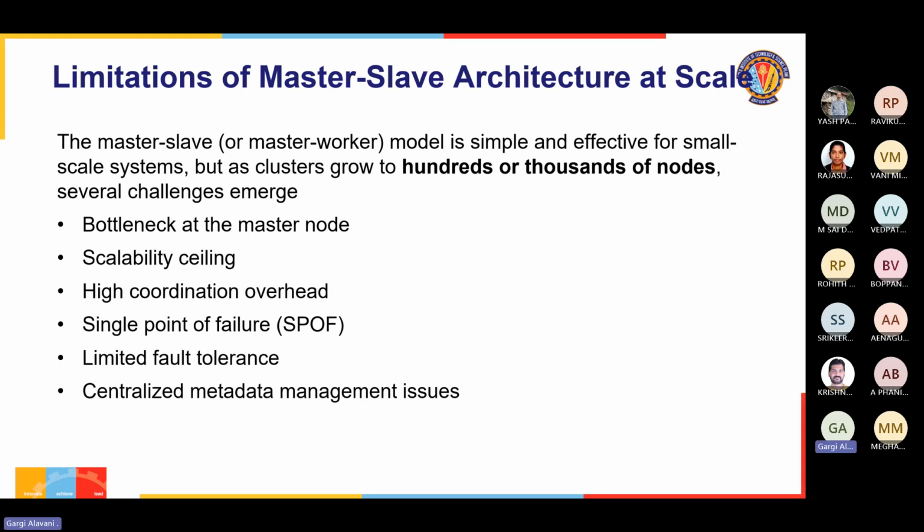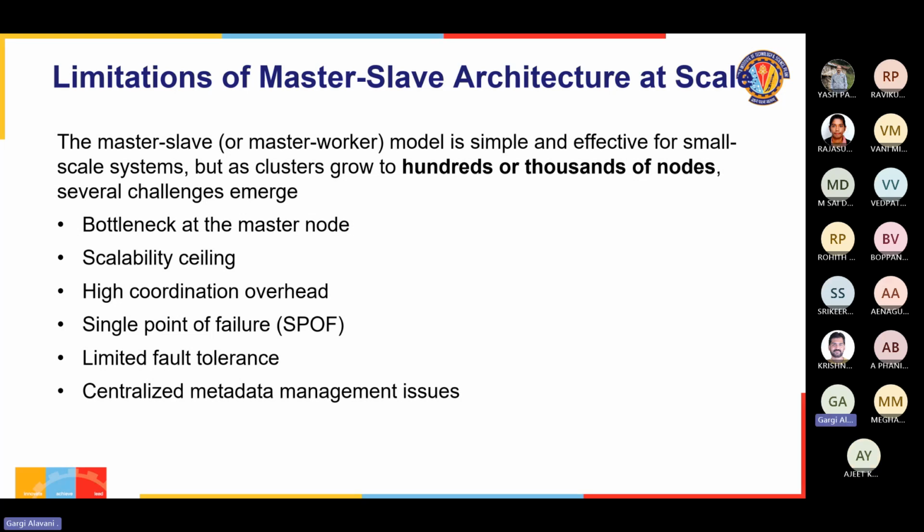The next issue with master slave architecture is scalability. The master node hardware can have physical limits. It will have some CPU, memory, input output limits. Once those limits are reached, adding more worker nodes cannot improve the throughput because the master node is not capable of keeping up with the expected demand.